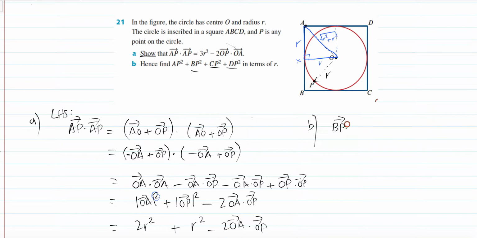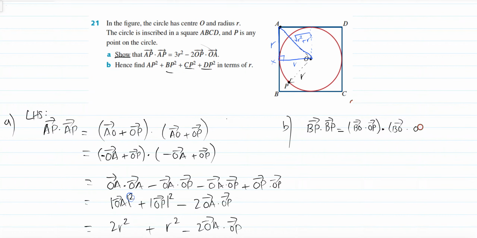If you want to find what BP dot product BP is, we follow the same process here, but instead of A to O, we go B to O. B to O, dot O to P, and if you multiply this out, we follow the same process. So instead of OA, you're just changing it to OB, and for CP, it's just changing to OC, and for DP, that's just OD.